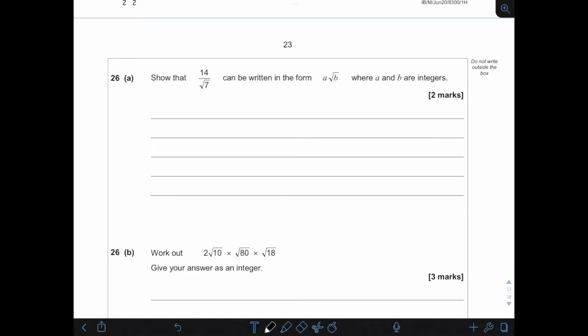Okay, so 14 on root 7 can be written in that form. So what we need to do is essentially convert 14 into some form of root 7.